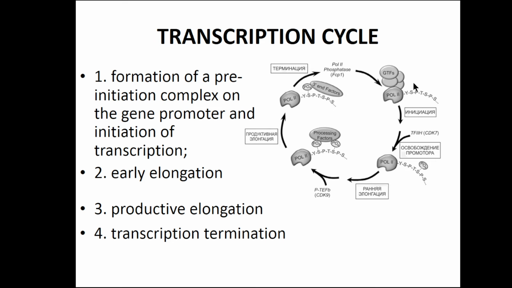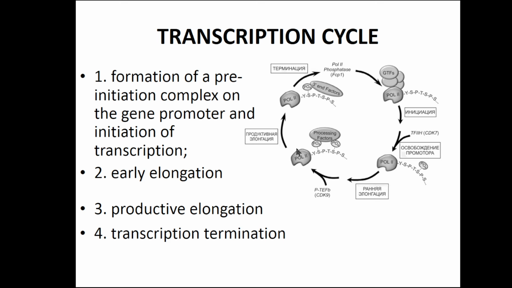And this complex is the pre-initiation complex. Then early elongation. This complex makes more activity of polymerase II, and they start to work, and there is early elongation. Then step number 3, productive elongation.